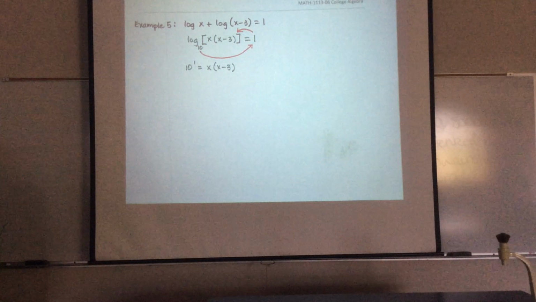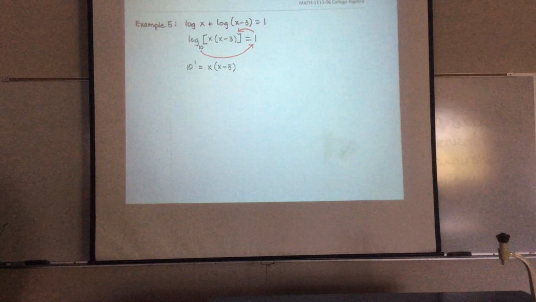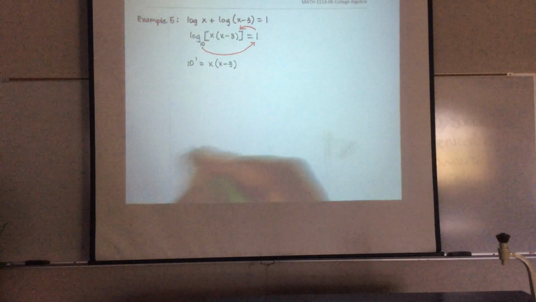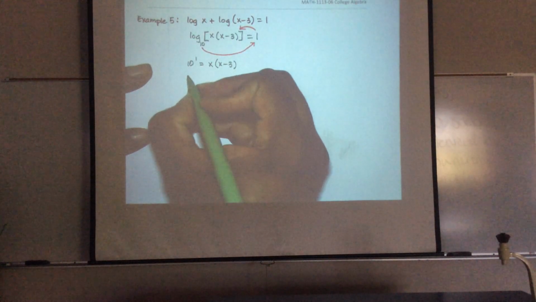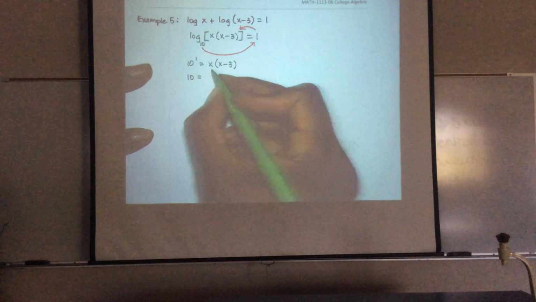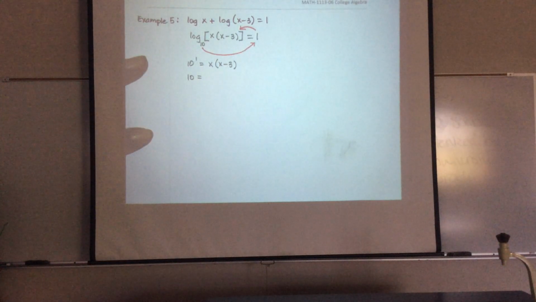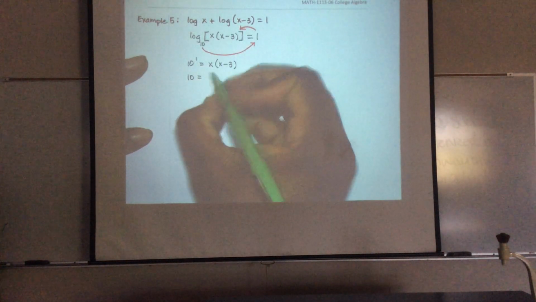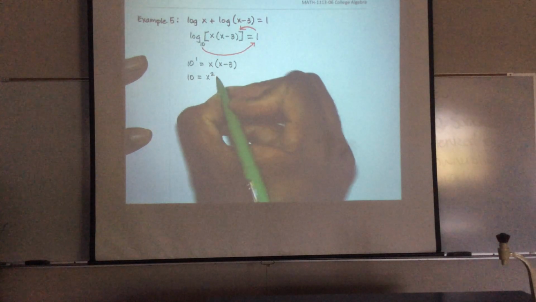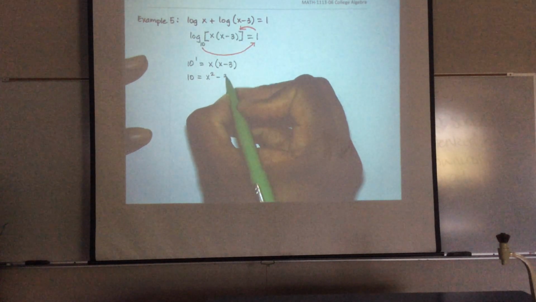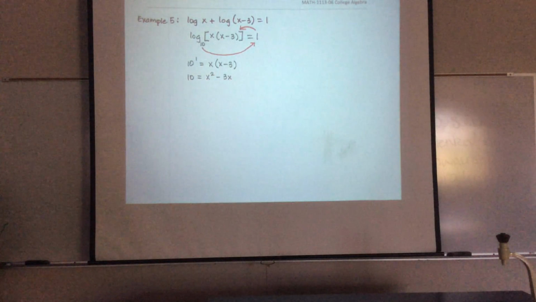And now I'm going to simplify that particular equation. Well, 10 to the first power is 10. And then x times the quantity x minus 3, if I use the distributive property, that would be x times x, which is x squared, minus x times the 3, that would be 3x.